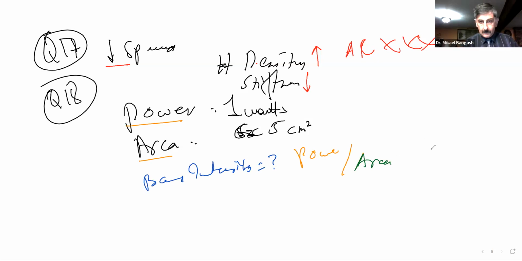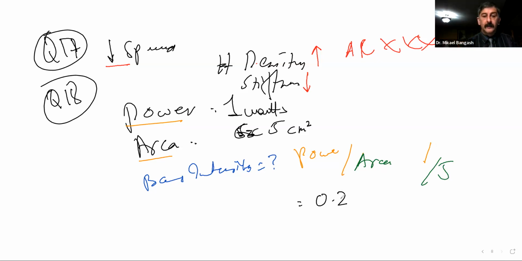Which will be 1 over 5. Now 1/5 is the same as 0.2. How do you know mathematically that this is correct?